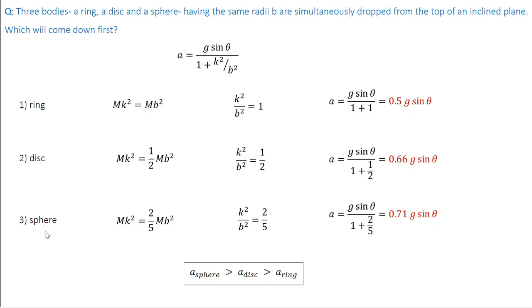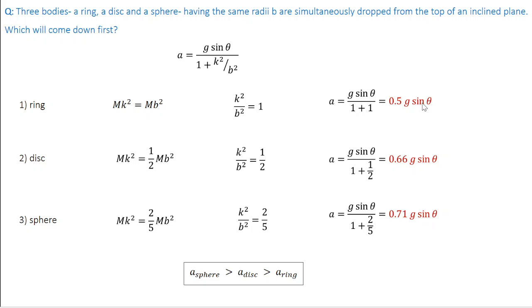Moving over to the sphere, where the moment of inertia about the center of mass is 2 by 5 m b square. So m k square equals 2 by 5 m b square, from which I can write k square by b square equal to 2 over 5. Now substituting in this equation, I get a equal to g sine theta divided by 1 plus 2 by 5, which is 0.71 g sine theta.